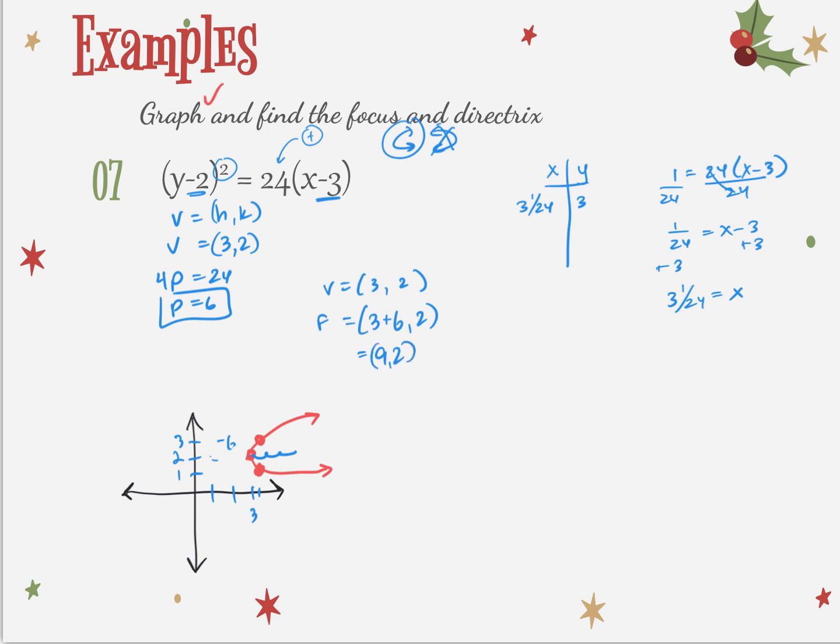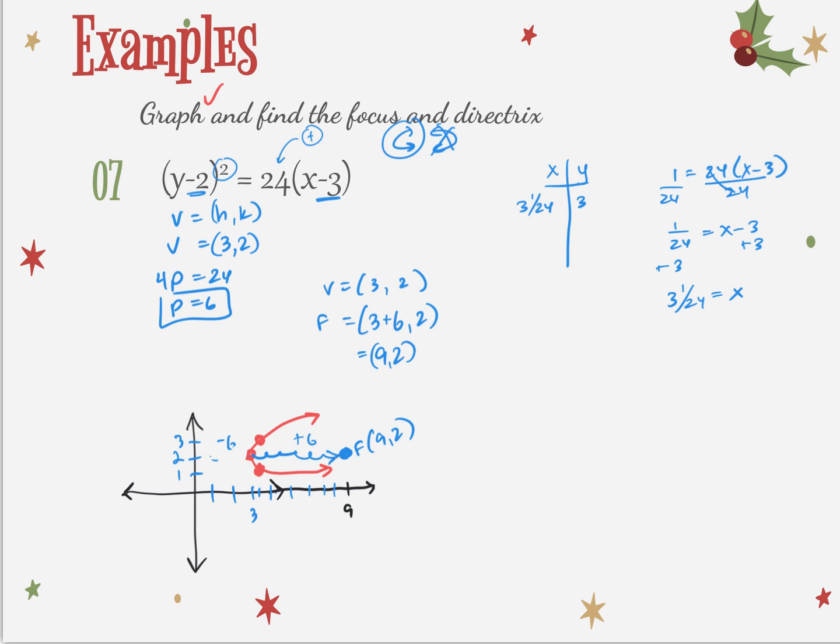If I extend this over to 9, I know my focus is going to be at (9, 2), because again, it's 6 units: 4, 5, 6, 7, 8, 9, 6 units over. It's plus 6 in this direction.